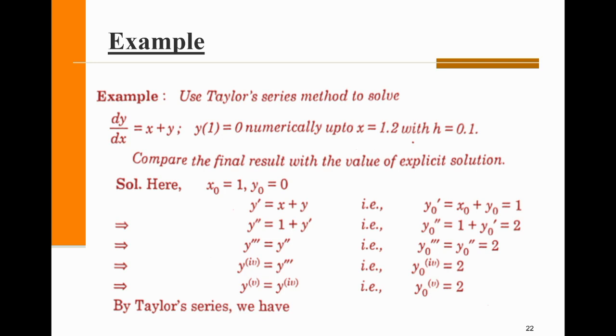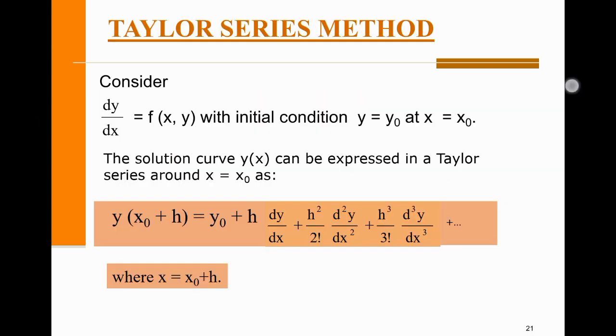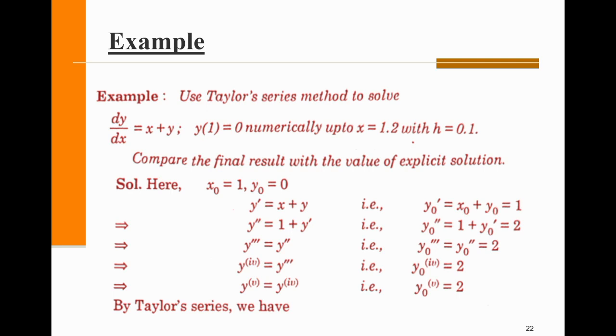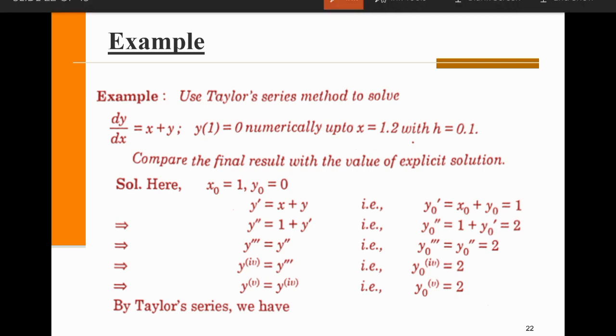So after getting all these derivatives, what will we do? We will find the values of all of these. See, this is your x naught and this is your y naught. Now, what is y naught dash? y naught dash is the value of the slope at the point x naught, y naught.